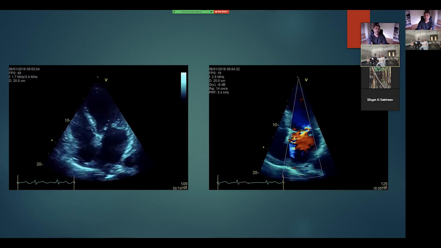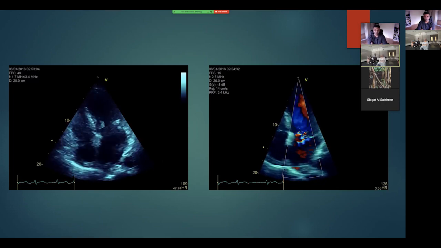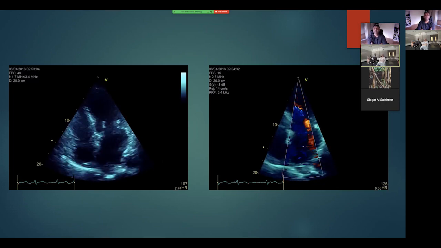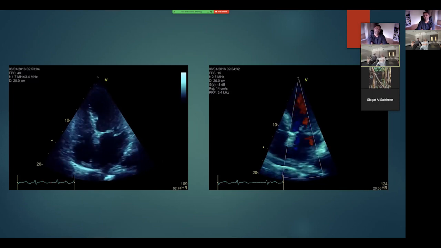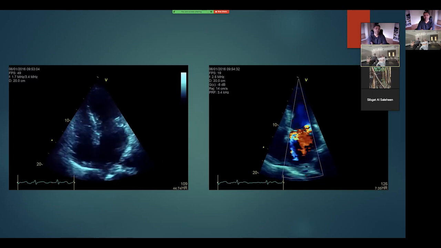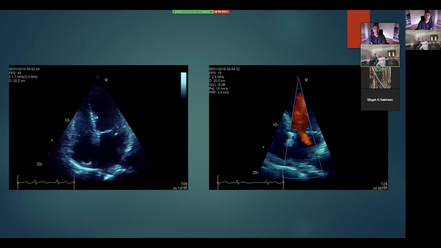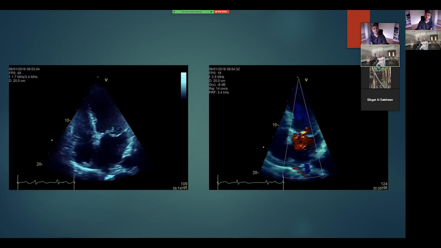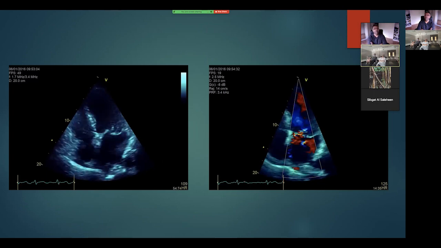So which scallops are we looking at, Lois? Hang on, you did tell me, didn't you? P2, A2. No, that was P2 on the long axis, and this is now the apical four-chamber.